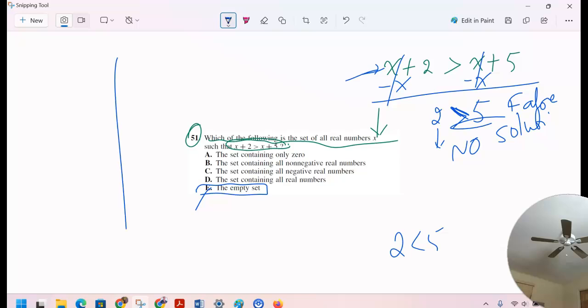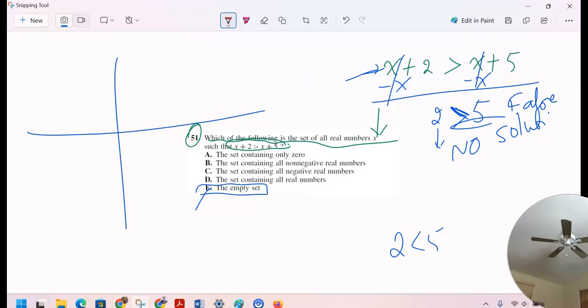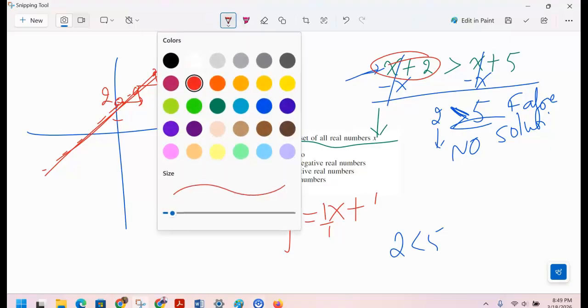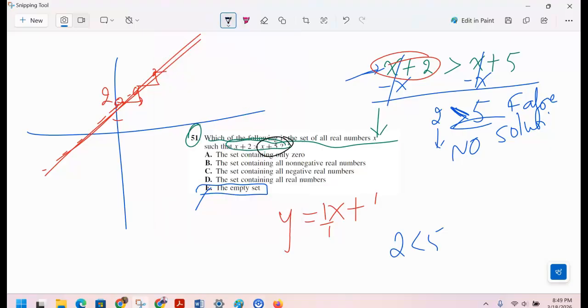If you want to understand with visuals, y equals x plus 2 is a line that goes through 2, and the slope is 1 over 1. So you go 1 up and 1 right, 1 and 1 right, like this. So this is the first line. The second line is y equals x plus 5.